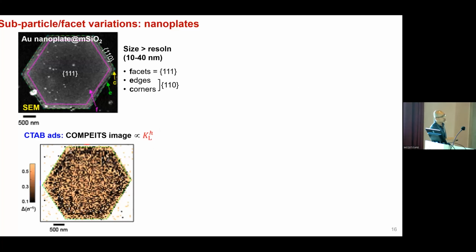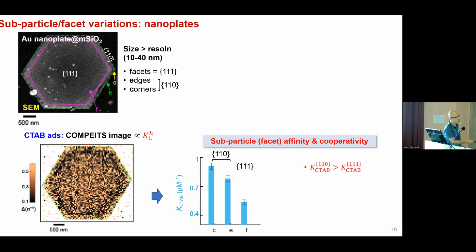This image is a little noisier, but this image is proportional to the adsorption equilibrium constant. Again, we can clearly do a careful titration to extract out the adsorption equilibrium constant at corner, edge and facet regions. So you can immediately tell that the adsorption is stronger on 110 facet than 111 facet on a single particle.